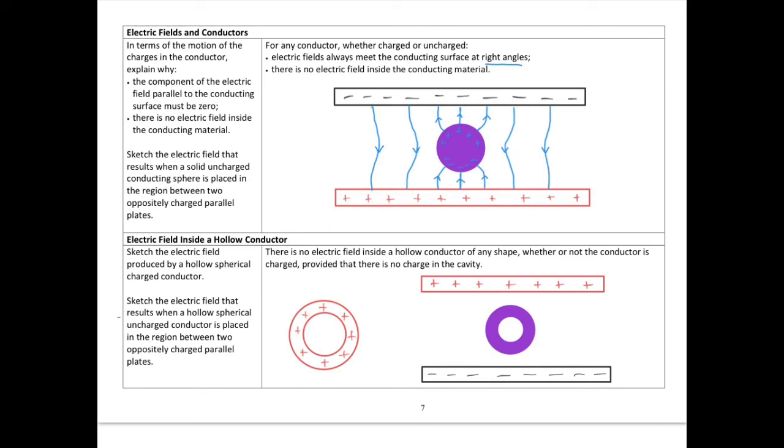So let's think firstly about what happens inside this conducting sphere. And essentially, if you think about any point in here, basically positive test charge, the charge on this side is going to be pushing it, if you like, over this way. This one will be pushing it that way, so to speak.